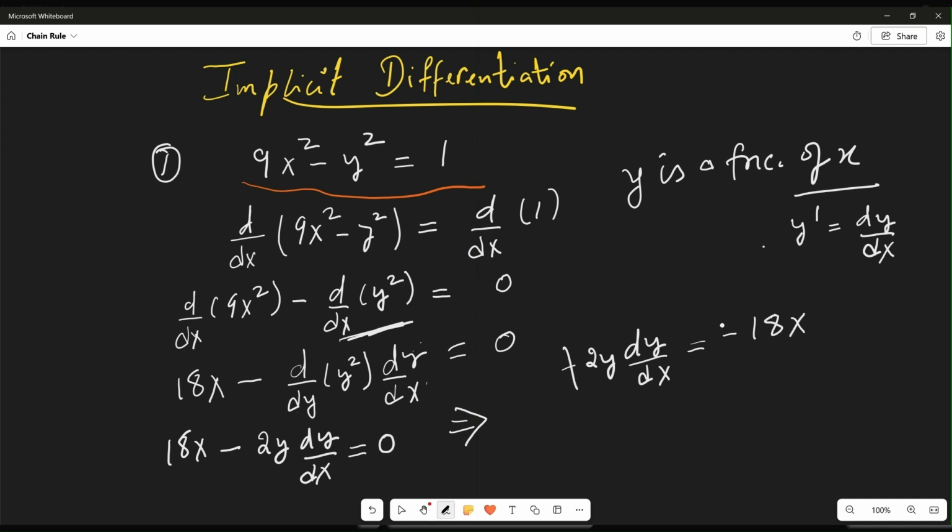These two negatives cancel out, right? So dy over dx is equal to 18x over 2y. We can simplify this further, and we have dy over dx equal to 9x over y.